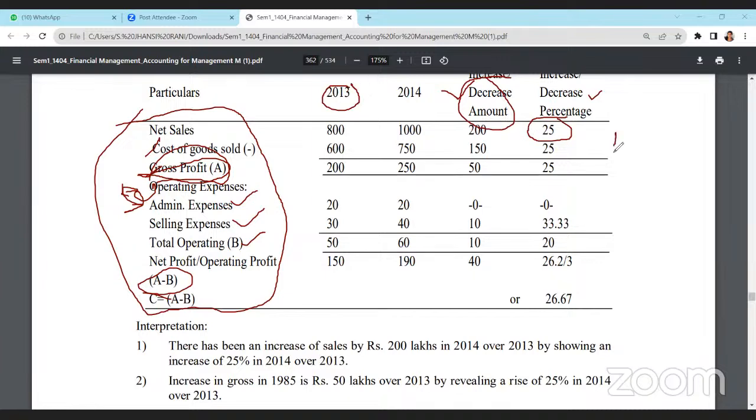So the absolute change is 200 and previous year is 800, into 100, and we find out the percentage. So this percentage is called percentage change.